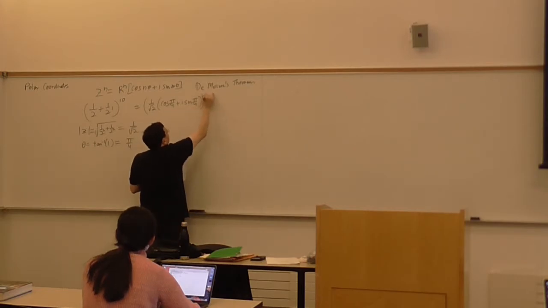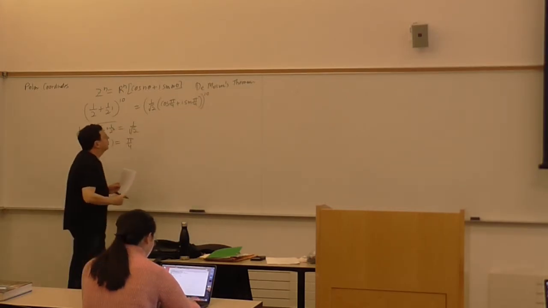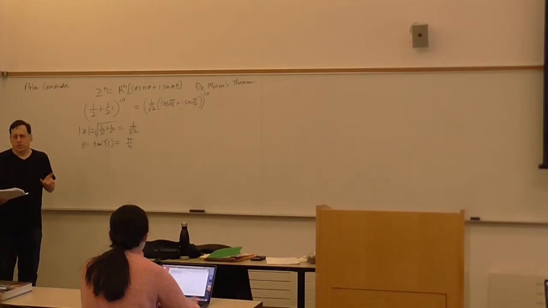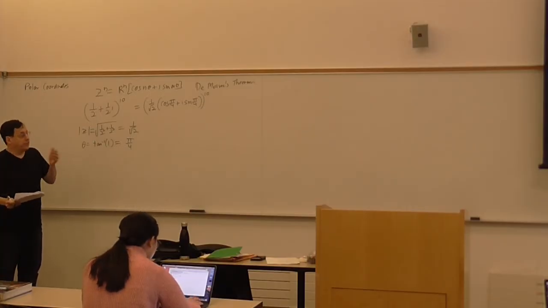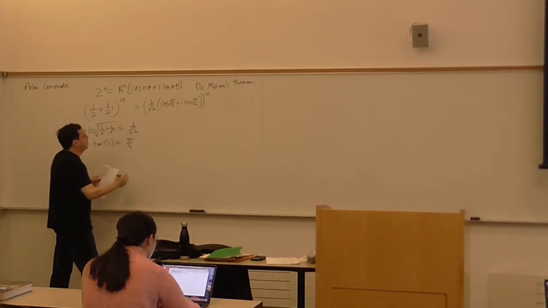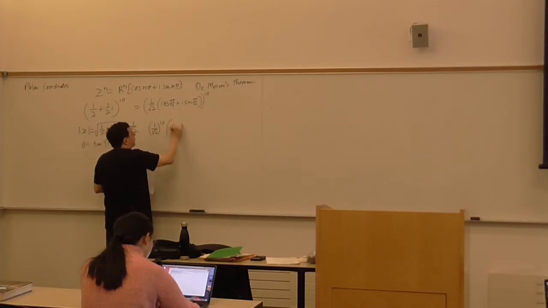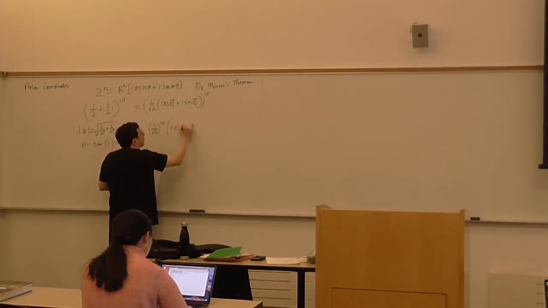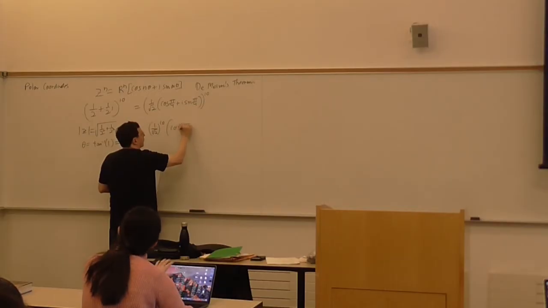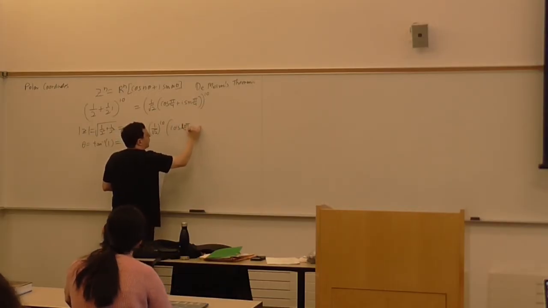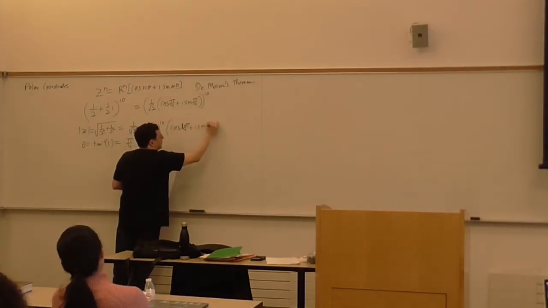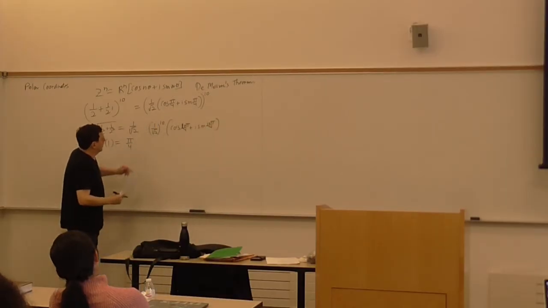And now I want to raise this all to the 10th power. Well, De Moivre's theorem makes this very easy. This is just going to be 1 over the square root of 2 to the 10th times the cosine of 10 pi over 4 plus i sine of 10 pi over 4.